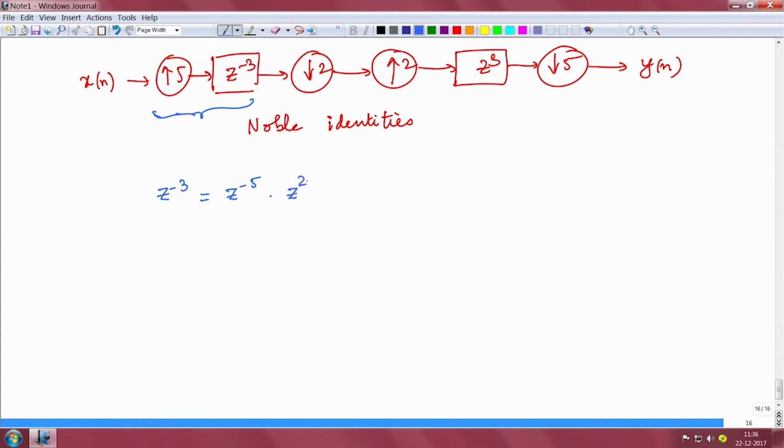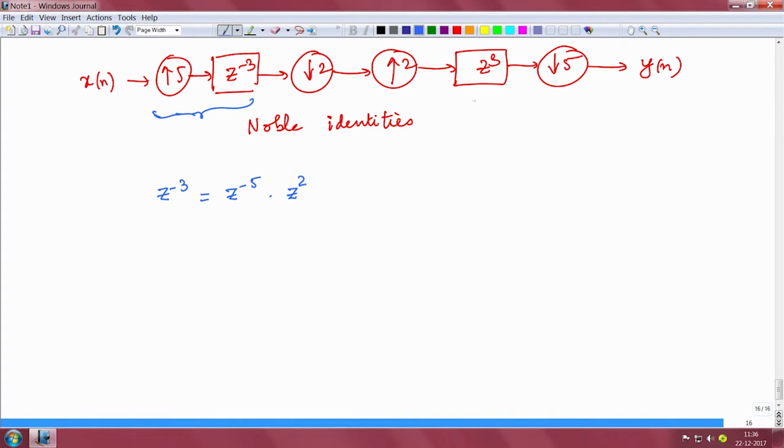So in this way we can take the z^(-5) to the left hand side of the upsampler and do some manipulations as we did in the previous example with the upsampler followed by downsamplers.